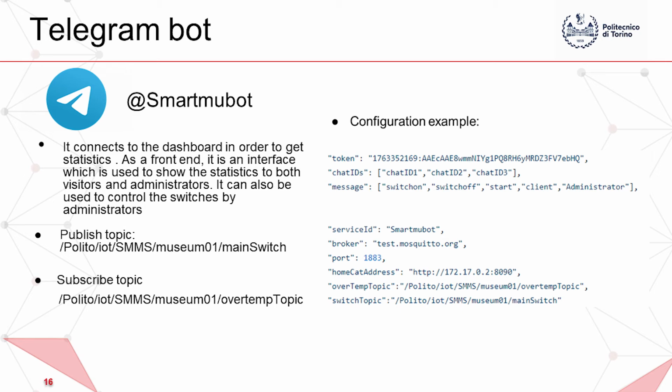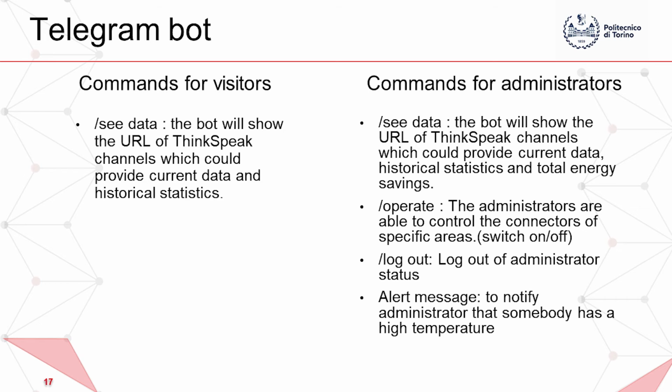As an interface of communication, there are different commands for visitors and administrators. If a visitor has a high body temperature, the administrator will receive an alert message from Smart Museum Bot. The administrators could control the working status of the connectors by publishing MQTT messages.